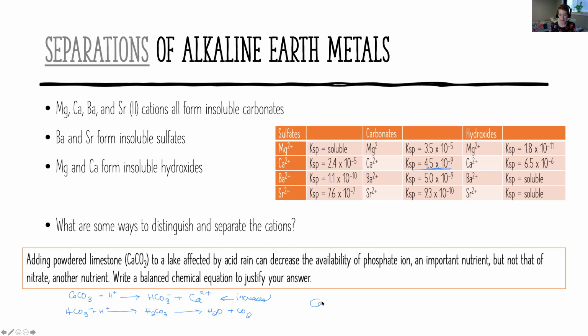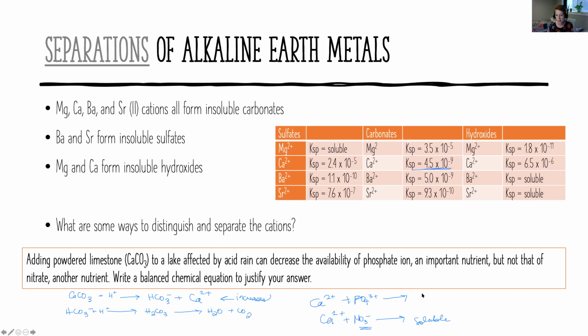So now if I have calcium 2 plus, and I have some phosphate ion, and I have some calcium 2 plus, and I have some nitrate anion, what is going to happen? Well, this is going to be soluble because all nitrate ions are soluble.